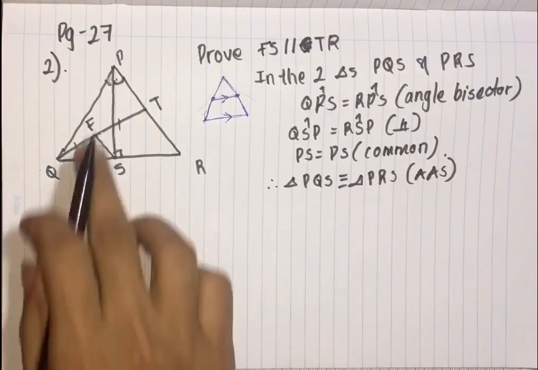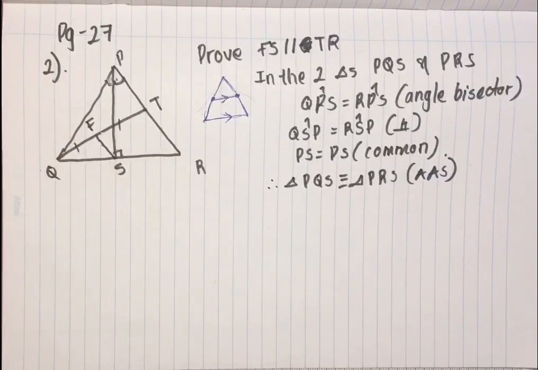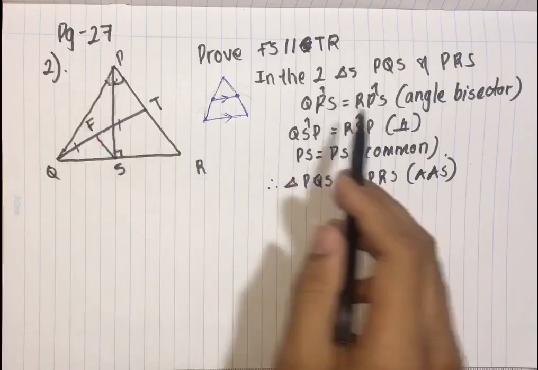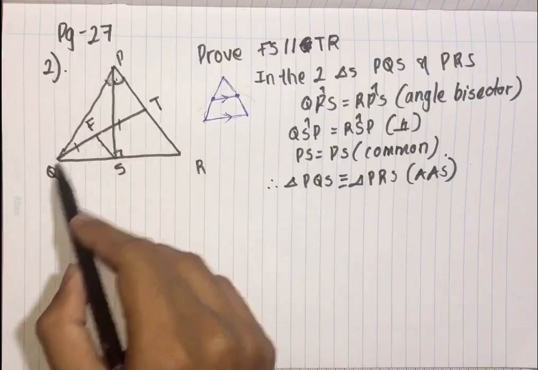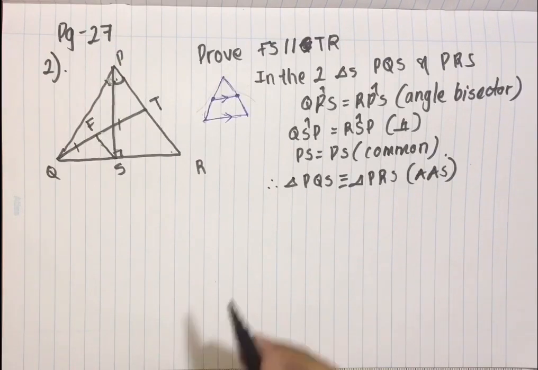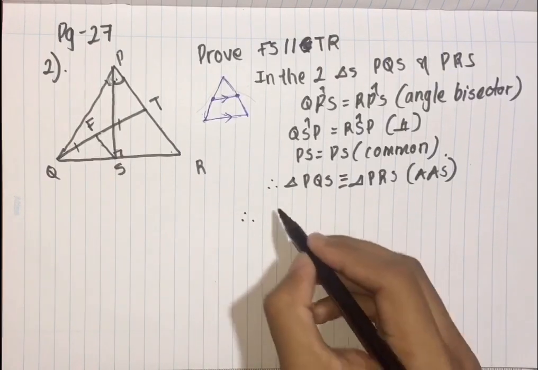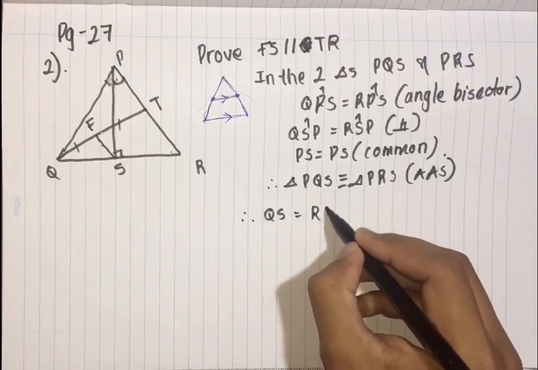Now since you have proved these two triangles are congruent, you can say that all the properties are the same. That means now you have only proved three things, three data, but you also can say that PQ is equal to PR, and this angle is equal to this angle. That is what you mean by congruency, right? Now using this after proving congruency, I am going to say therefore QS is equal to RS.